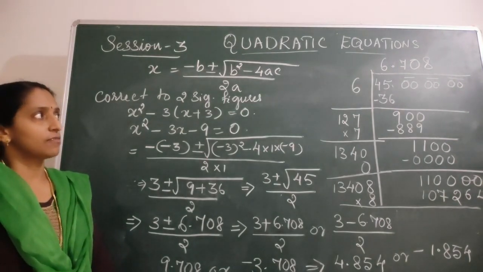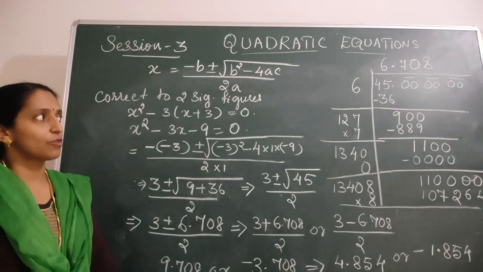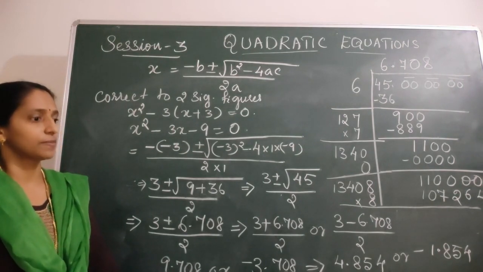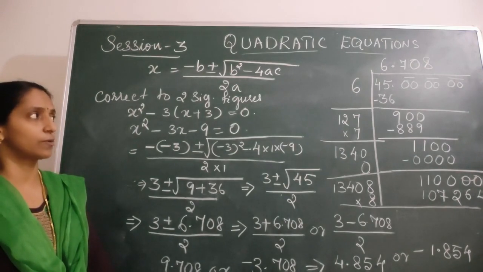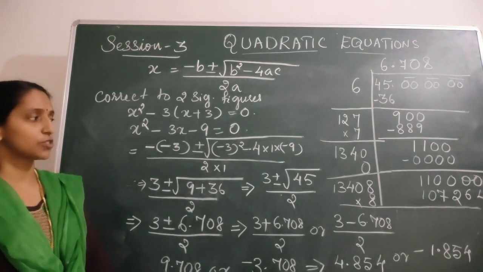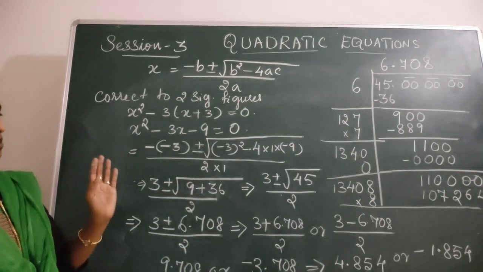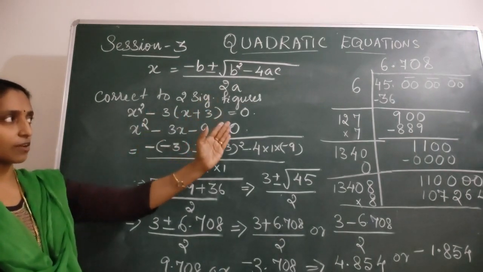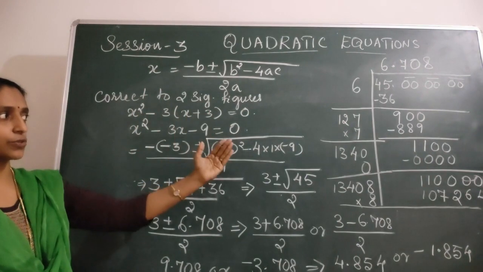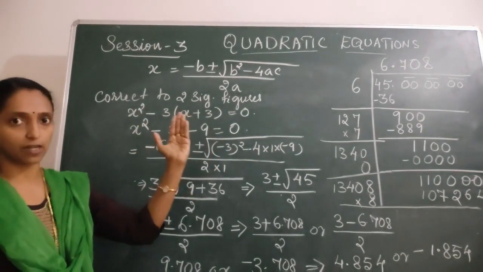Be very familiar with the long division method of finding the square root. It's a must that you show it on the side of your solution. That is not rough work. That also you have to show as part of the solution.